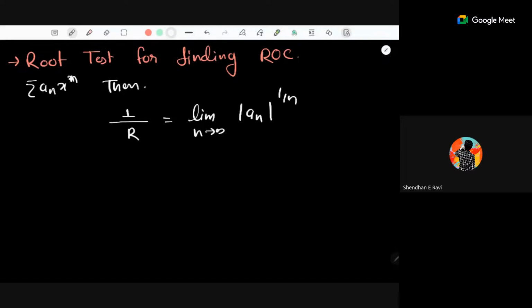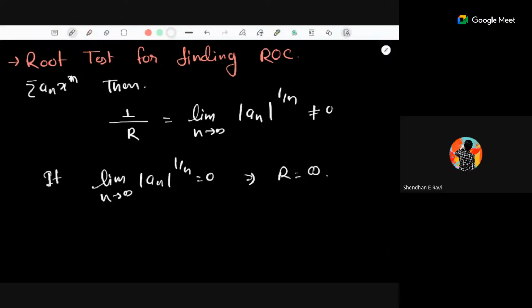So this limit is 1 by r. Here we are assuming this limit is not equal to 0. And if limit n goes to infinity of modulus of a_n to the power 1 by n is equal to 0, we say r is equal to infinity. The reason is that 1 by 0 does not make sense. That's why if this limit becomes 0, the radius of convergence will be infinity. And if this limit is not 0, it will be the reciprocal of it.